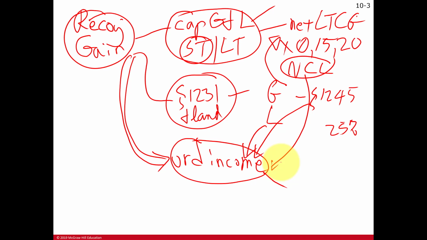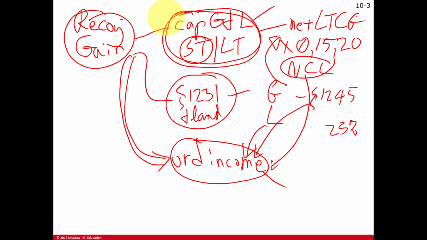So why are we reviewing all of this here in chapter 10 for partnerships? Well, generally, a partnership interest is a capital asset. And again, when you sell or dispose of a capital asset, you're going to have a capital gain or loss. But of course, that's the general rule. There's always exceptions to general rules.